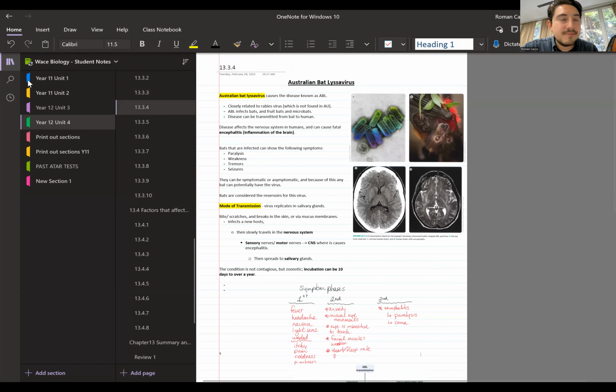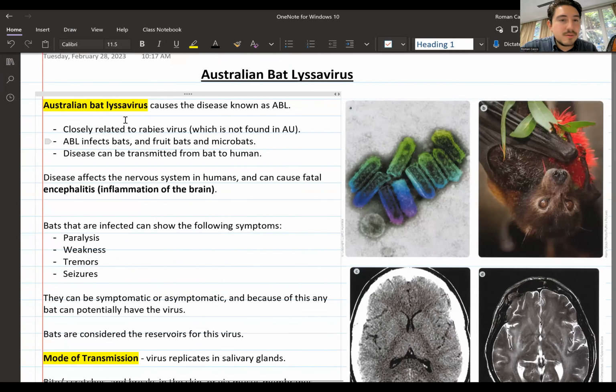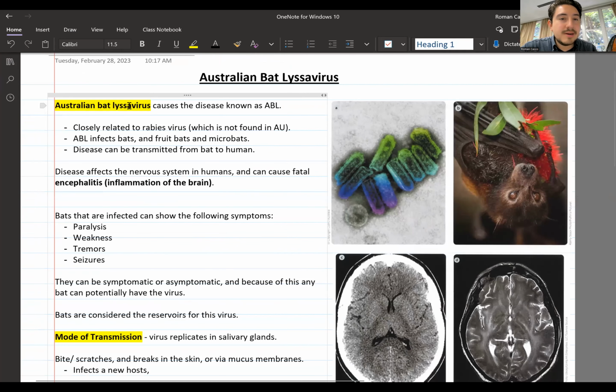Going on to another virus that is very important in Australia, as I have mentioned before, the Australian bat lyssavirus.